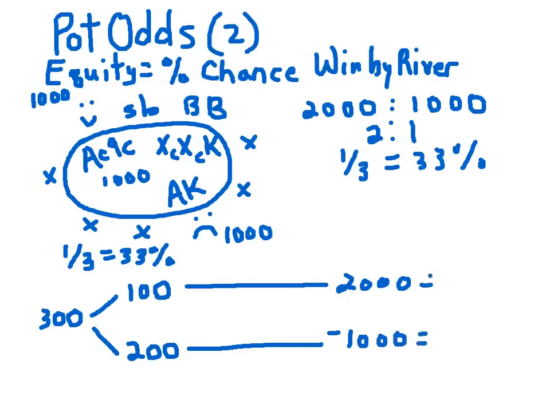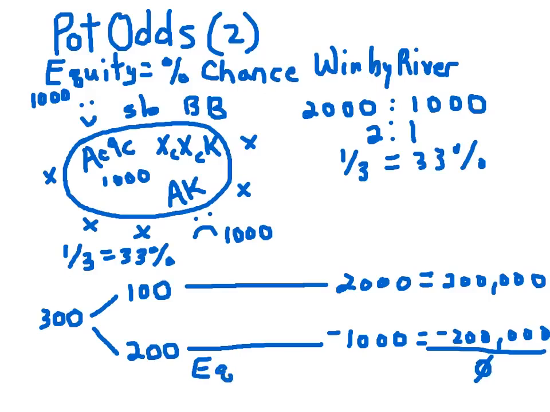Over the course of the experiment, it's 200,000 profit here. Just multiply 2,000 times by 100. Down here it's minus 200,000. So you can see already our net profit's 0. And again, the lesson here is that's because our equity was exactly equal to our pot odds.